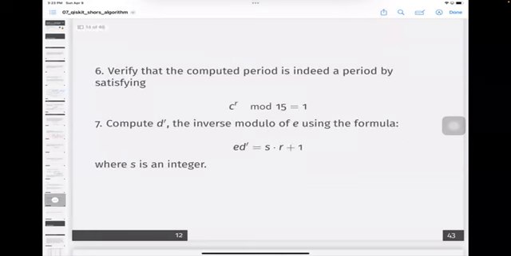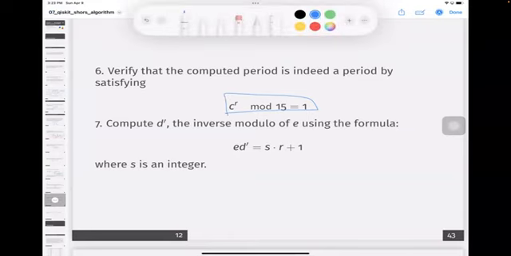And then once you have computed the period r, you can verify first that it is a period by raising the ciphertext c to the value of r modulo 15, and if it's 1, then you have found your period.